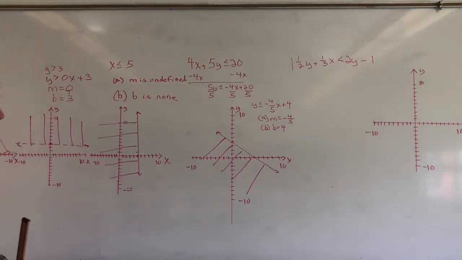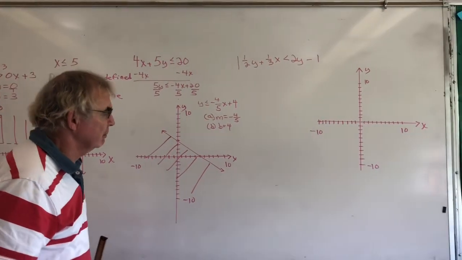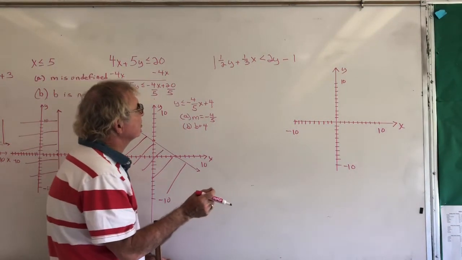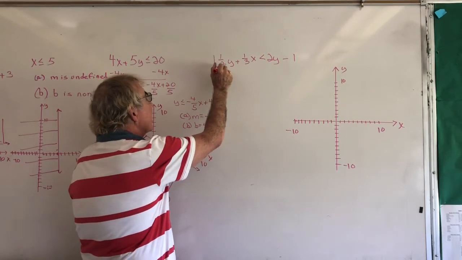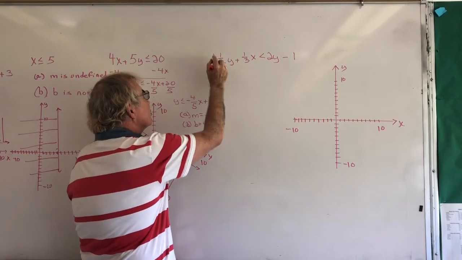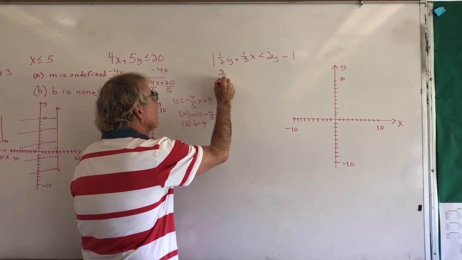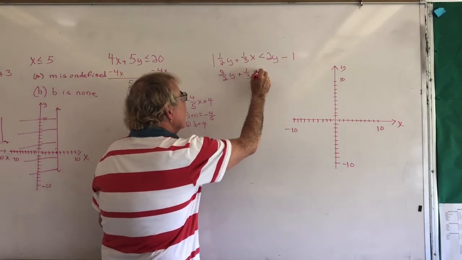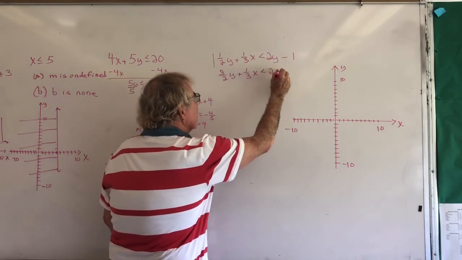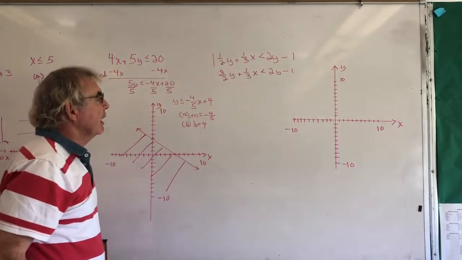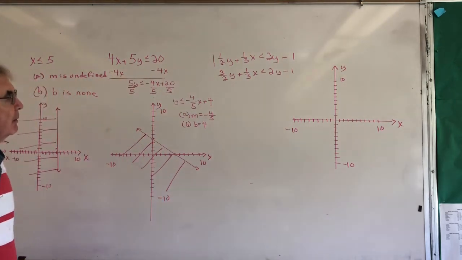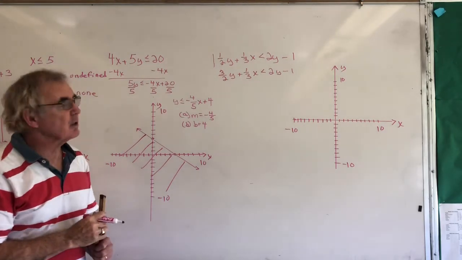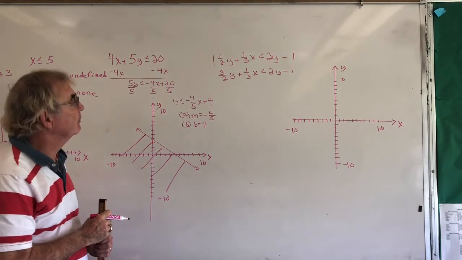And then our last one, just something that might be a little bit more challenging, but I know you like this. Let's do this by switching everything to an improper fraction: 2 times 1 plus 1 would be 3/2 y plus 1/3 x is less than 2y. How you go about doing this is up to you. But one thing I find is students normally don't like fractions. I don't know why, they're beautiful, but they don't.